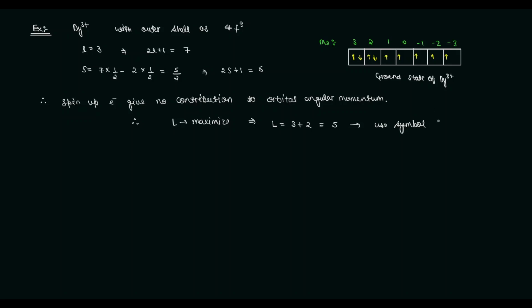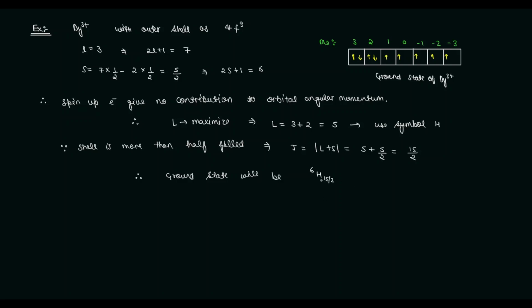And since L is equal to 5, we will use the symbol H. Also, the shell is more than half filled, so the value of J will be equal to L plus S, which is 5 plus 5/2, which is 15/2. So the ground state will be 6H 15/2.